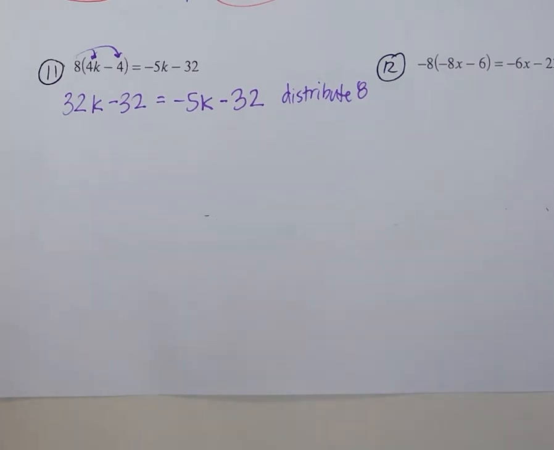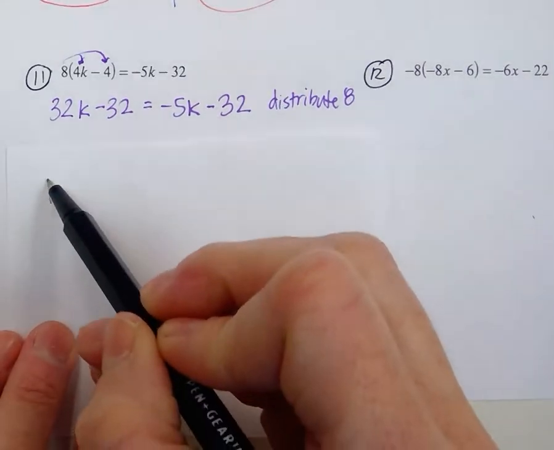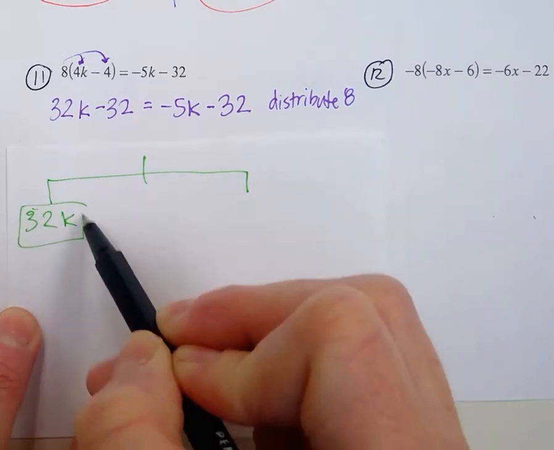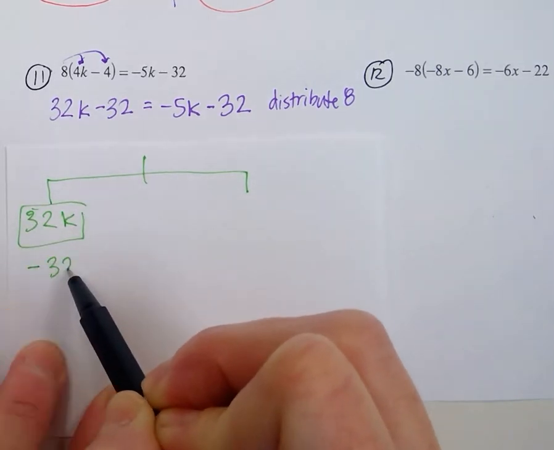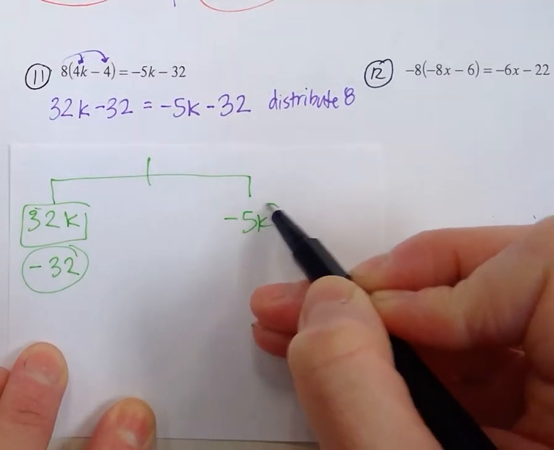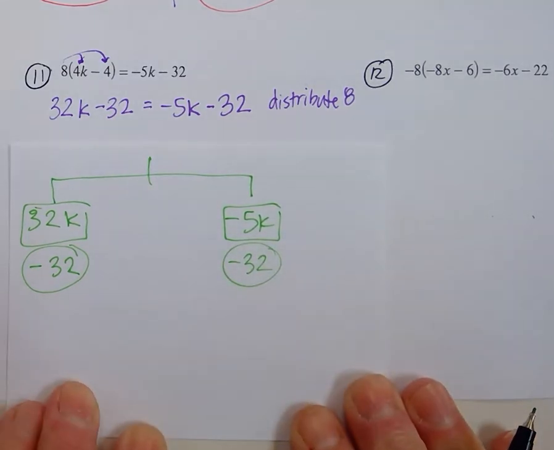At this point, you get to choose where you go from here, because our goal is to have all variables on one side and all constants on the other side. So if I bring the hanger back for a second, I'm not going to draw 32 of anything, but I have 32 k's hanging out over here, and I have 32 negatives, and on the right, I have negative 5 k's, and I have 32 negatives.